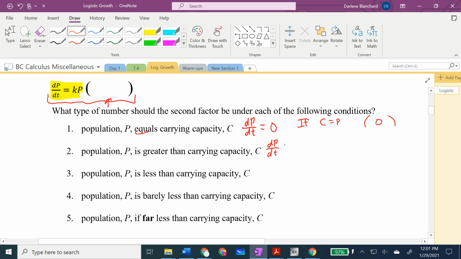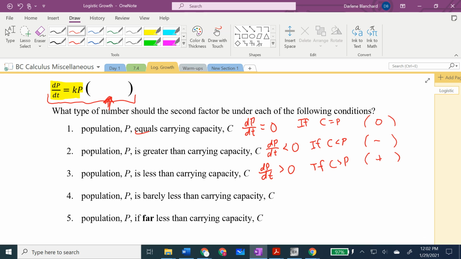So I need dP/dt to show up as negative if my population is greater than my carrying capacity. That means I need the second factor here to be negative under these circumstances. And I should have a positive growth rate if my population is under carrying capacity. That second factor needs to show up positive under that inequality.